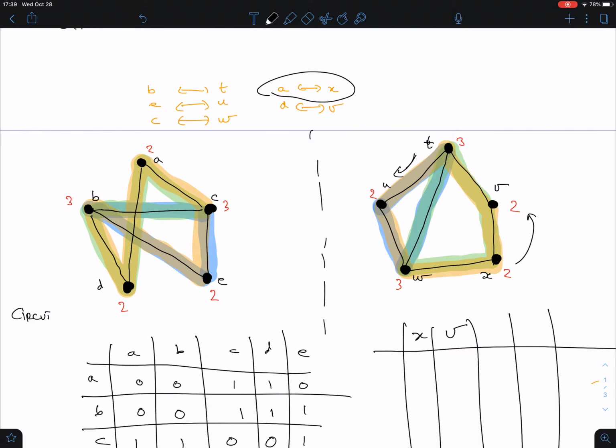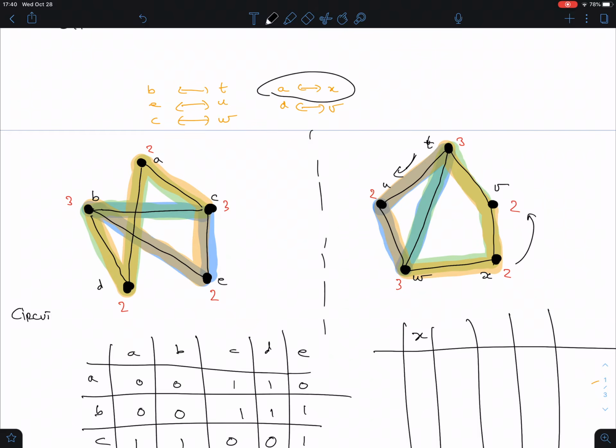A corresponds to X. Sorry. No. I have to do, I'm sorry, I was trying to be clever, but no, I have to follow this recipe and nothing else. Let me not get distracted by anything else.